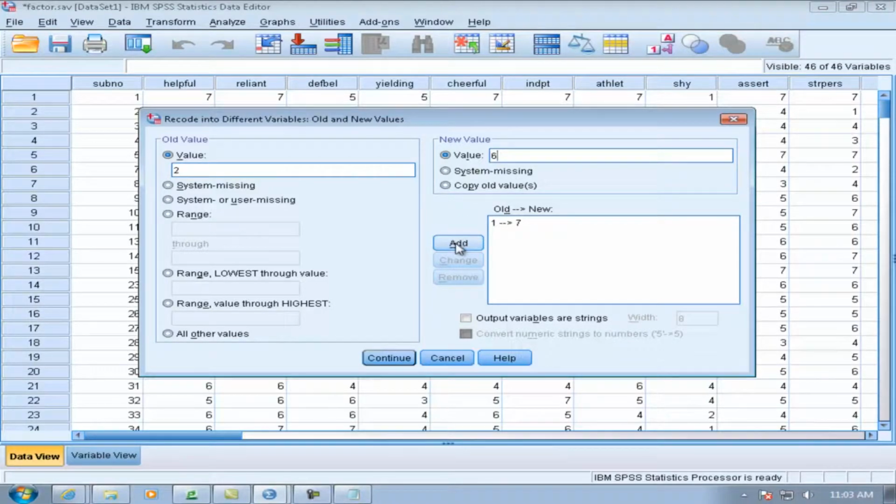It'll create a whole new variable. 3 and 5. Okay, should I do a 4 here now and a 4? And now the next one's going to be a 7 and a 1, right?